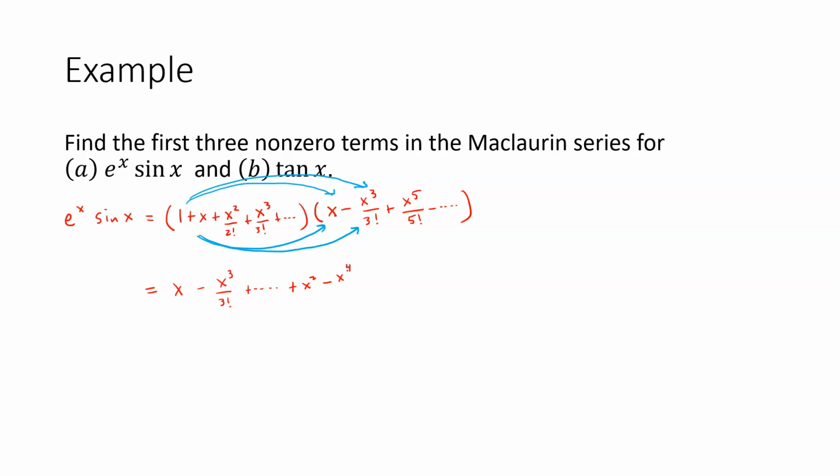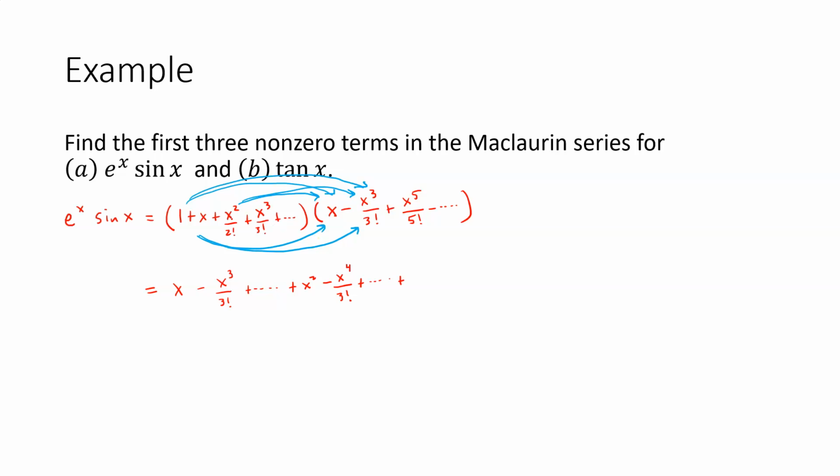So x to the 4th, x times x cubed will be x to the 4th over 3 factorial. And then some higher degree terms. Notice then here, if I were to do the next one here, x squared times these guys, what would I get?